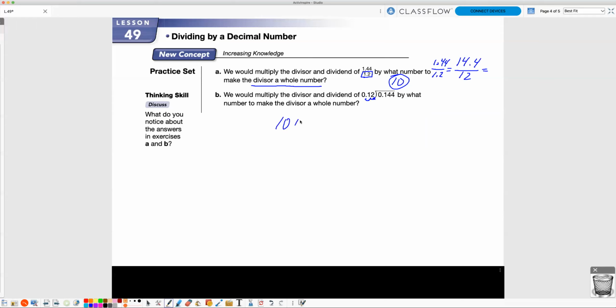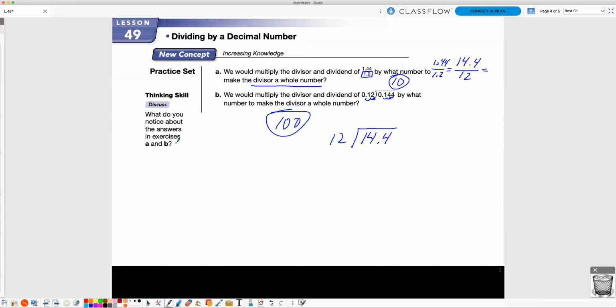So that means I had to multiply it by 100. And then this one obviously would also move 2 places. So the equivalent division problem to this would have been 14 and 4 tenths divided by 12 as well. What do you notice about the answers in exercises A and B?